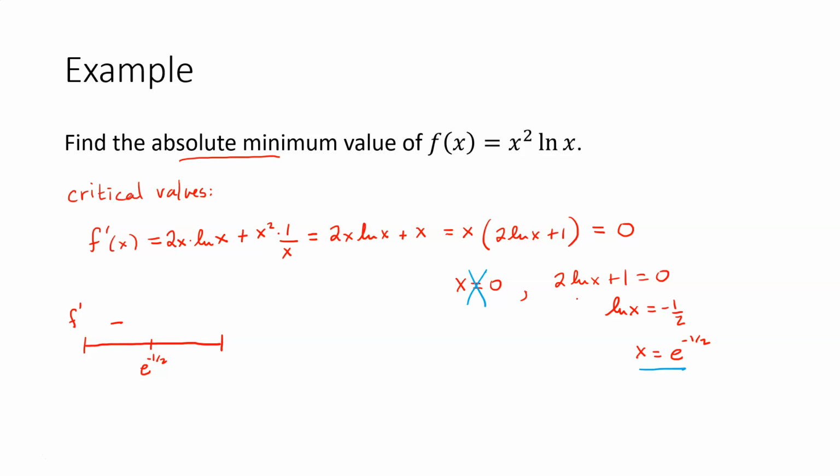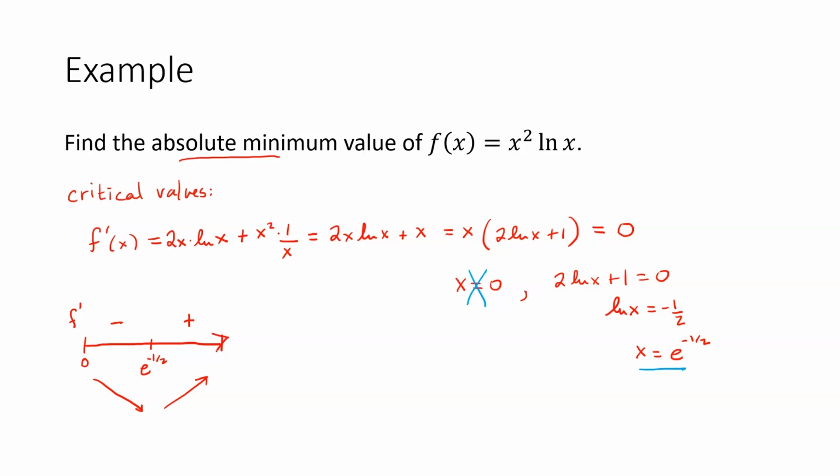And if I take a value that's greater than e to the negative 1/2 and substitute that in here, we'll get a positive value. And so what we see is that our graph will be decreasing from 0 to e to the negative 1/2, and then increasing beyond that.